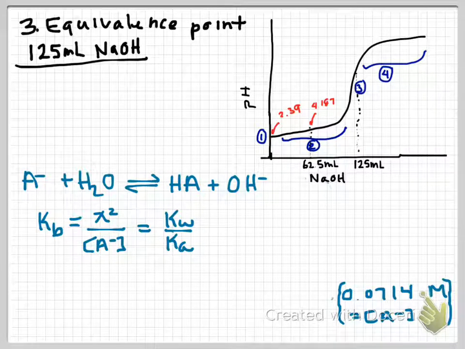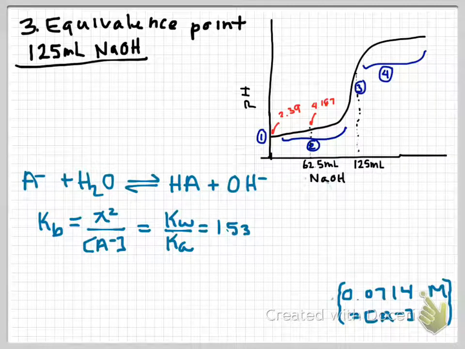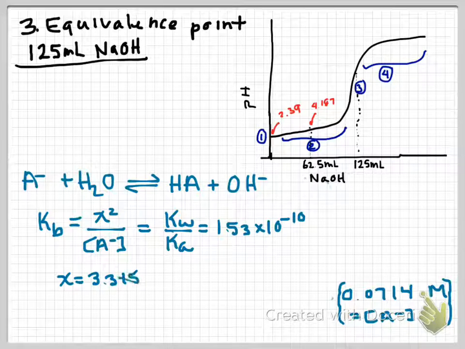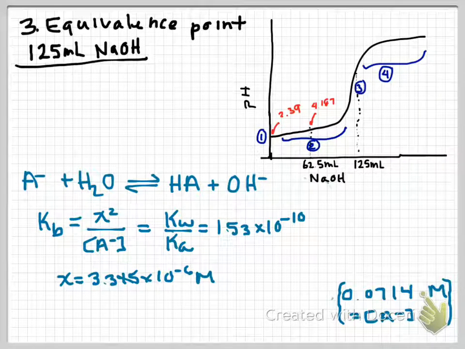So when I go to solve this, this is equal to 1.53 times 10 to the minus 10. X equals 3.315 times 10 to the minus 6 molar.